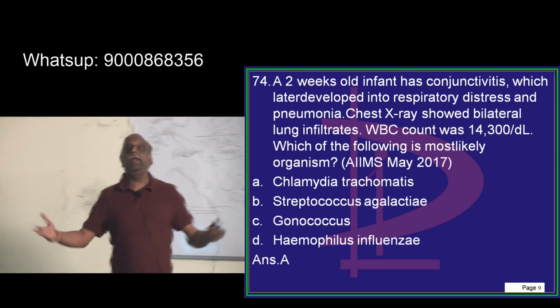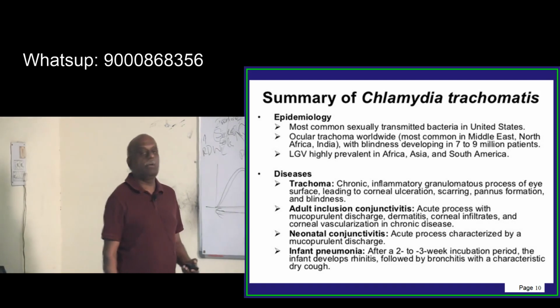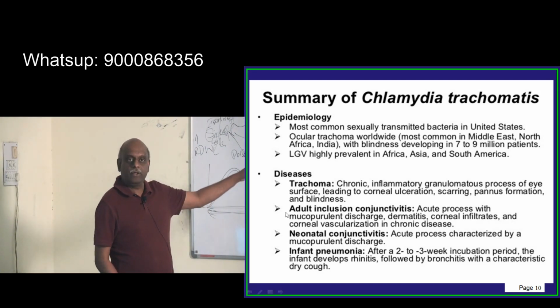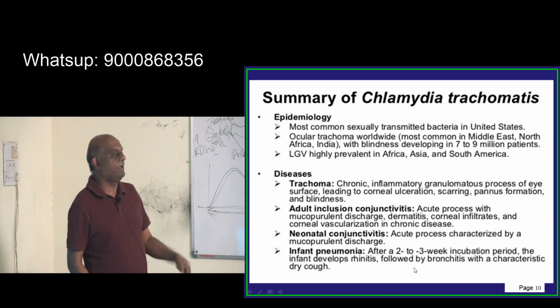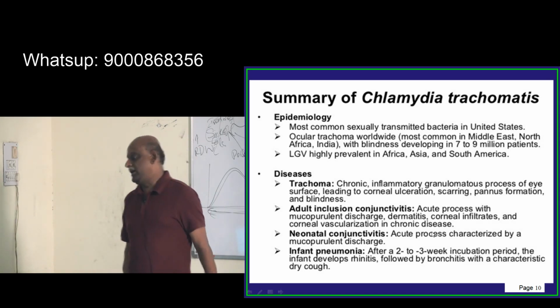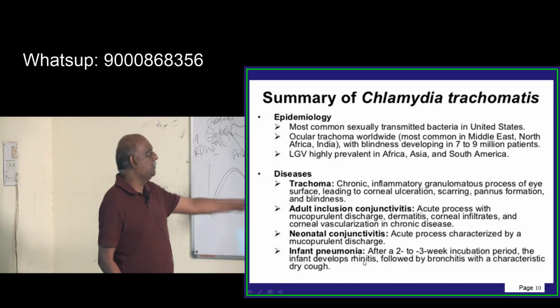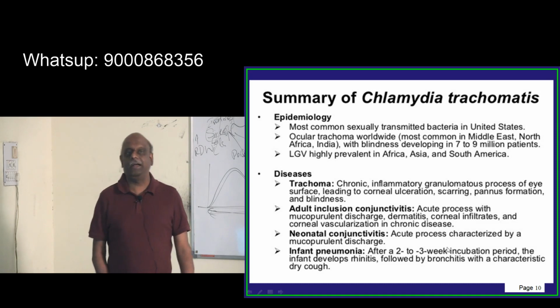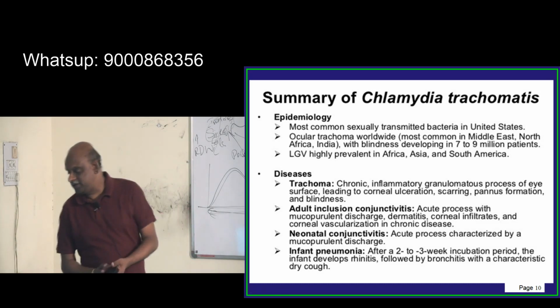It is Chlamydia trachomatis, which is the most common sexually transmitted disease globally. It leads to trachoma, adult inclusion conjunctivitis, neonatal conjunctivitis, and infant pneumonia with a typical 2 to 3 week incubation period. It also leads to the formation of bilateral infiltrates in the lung in an infant, is what you have to understand.